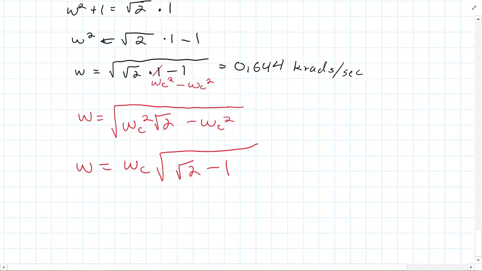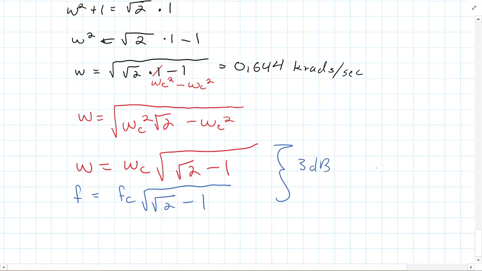And we'd wind up with a square root of 2 minus 1. Now, if we wanted this in frequency, all you do is divide both sides by 2 pi. So this gives me my 3 dB point for second order.